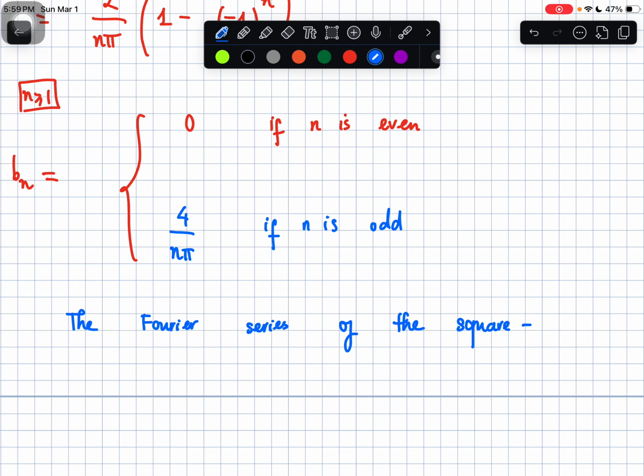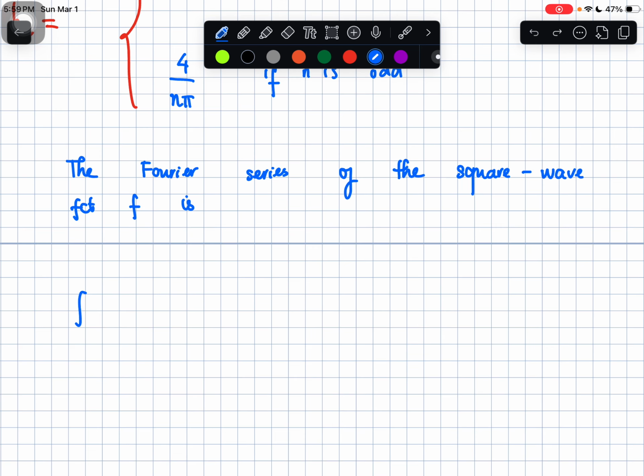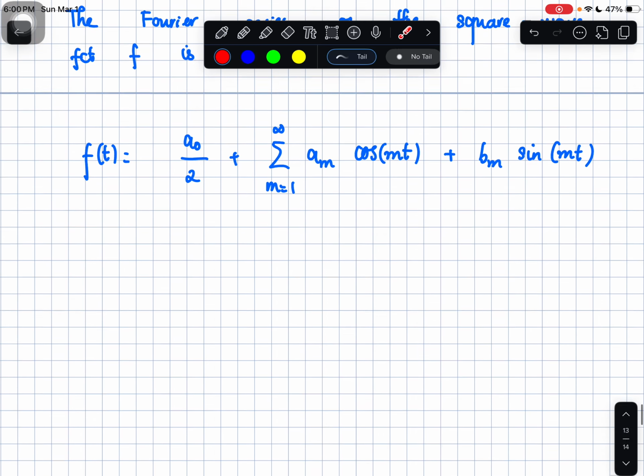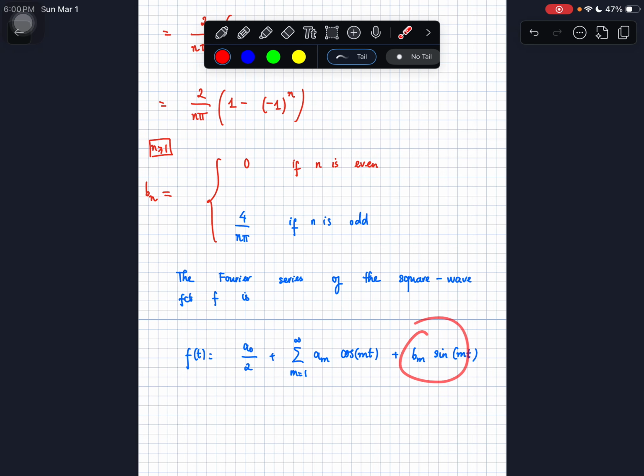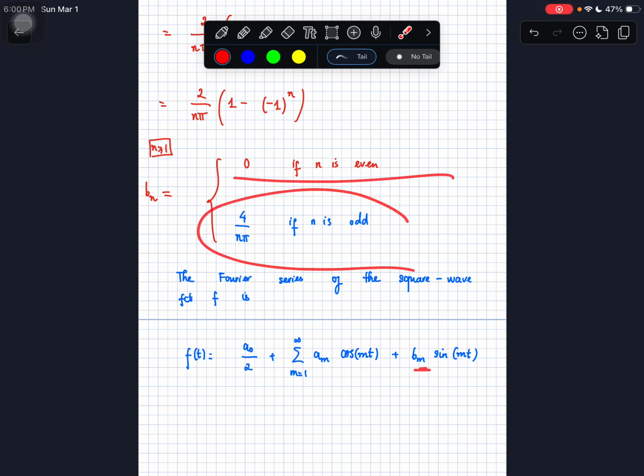Square wave function f is ft equals a0 over 2 plus sum m from 1 to infinity of am cosine mt plus bm sine mt. a0 and am, they are all 0, and for bm here, this is 0 when it is even, and when m is odd, we have this.